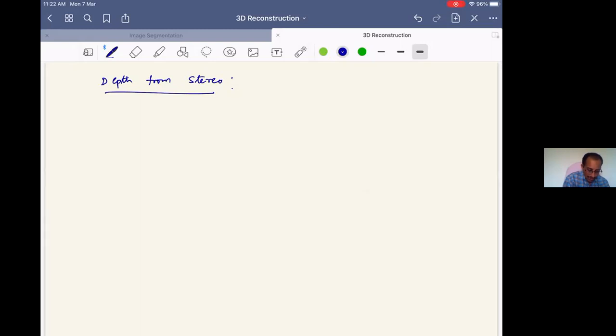So what we have is, assume that we have left and right images. First of all, say, for example, there is an object here, whatever it may be. Just for simplicity, let's take an object which has a corner in it.